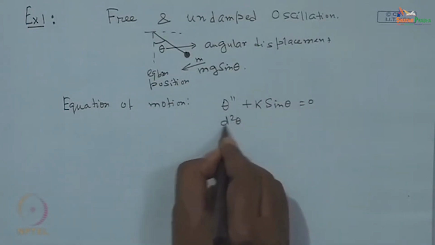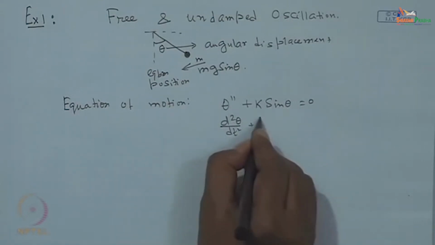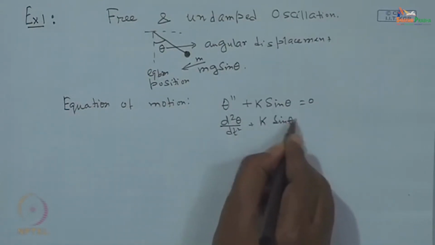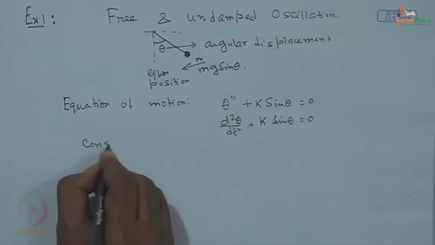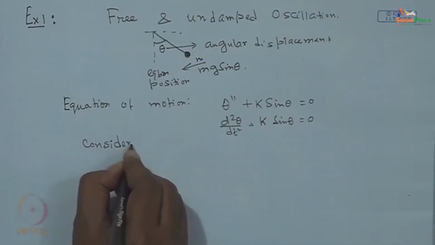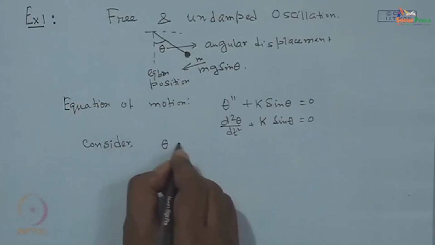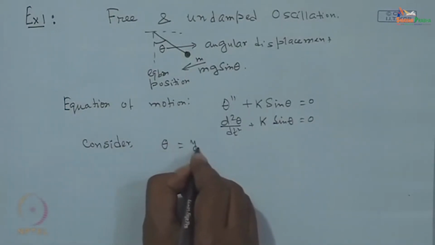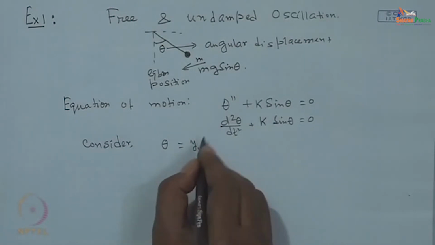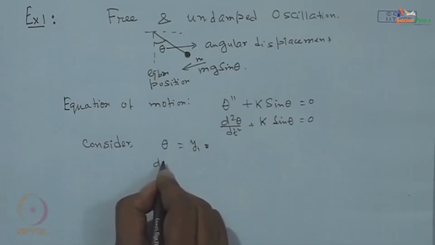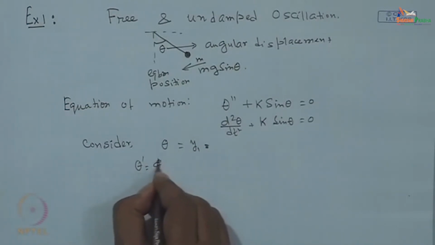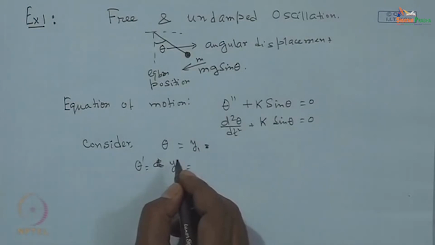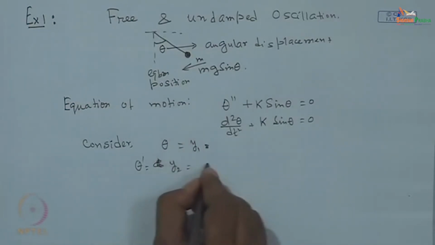Now, consider this transformation: theta is equal to y1, and theta prime is given as y2, where y2 is nothing but dy1 dt.